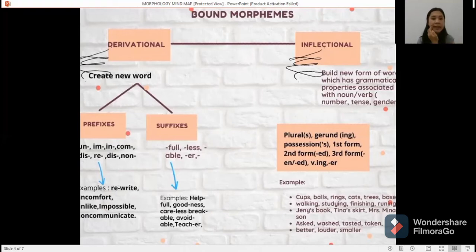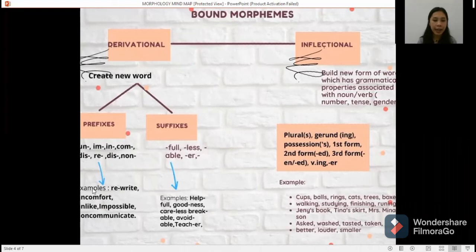The first one is prefixes and suffixes. What are prefixes? Prefixes come before the base of a word, such as un, in, com, re, non. Can you hear? Can you see this, guys? Something like this.